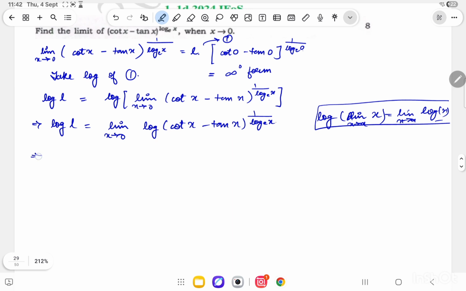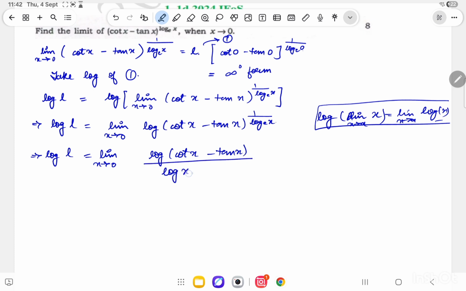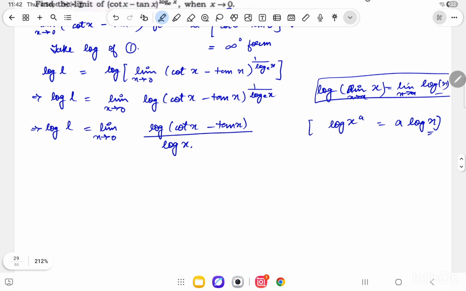So from here I got log L equals the limit as x approaches 0 of log(cot x minus tan x) divided by log x, because log of x raised to a is equal to a log x. If I put the limit here, I'll get log of cot 0, log infinity, that is infinity, upon log 0, that is also infinity.